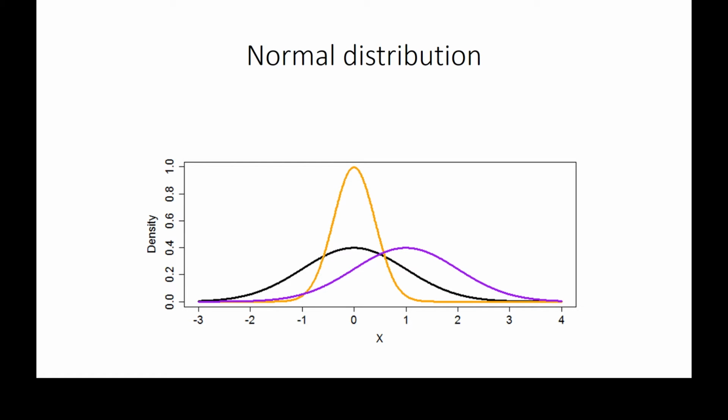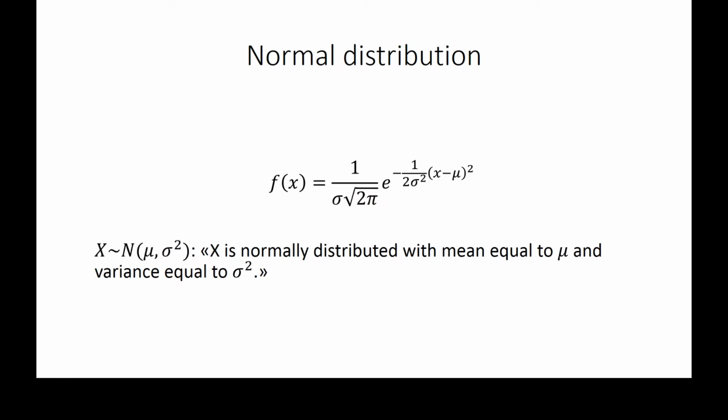The normal distribution is very important in statistics for several reasons, and one is that measurement errors tend to be normally distributed. Okay, so the formula of the normal distribution looks like this. It's not important to memorize the formula, but if you're going to work with statistics, I think you should have at least seen it.